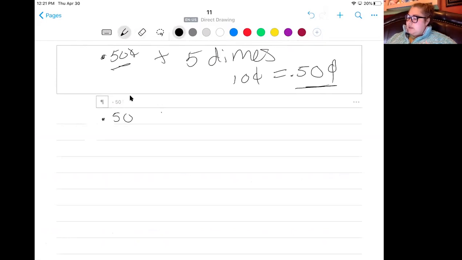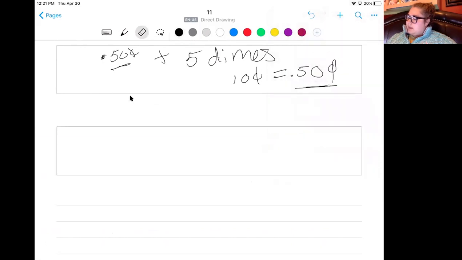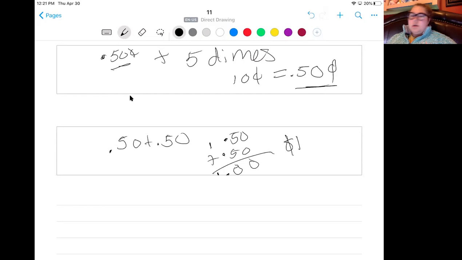Okay, so decimal 50 plus 0.50. What is that going to give us? So if I go over here and do this, 0, 0, remember that you bring your decimal down when we carried our 1. So that equals $1.